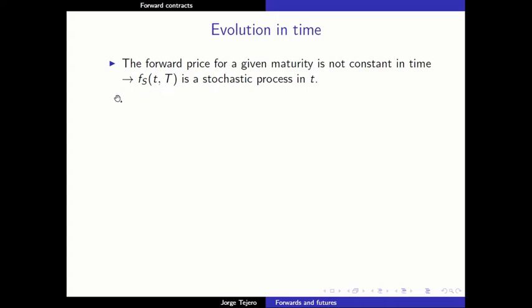Okay, so in other words, the forward price for some given maturity on a financial asset S is a stochastic process that is evolving in time. Okay, so we have different forward prices as we move through time.